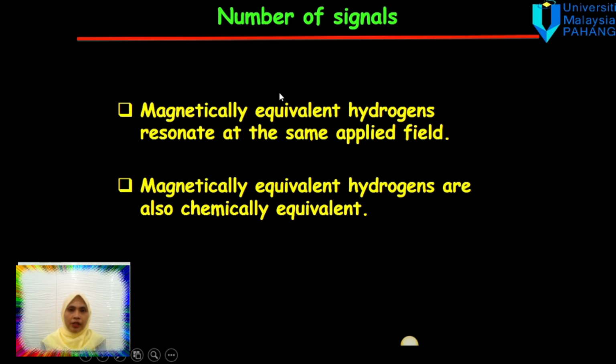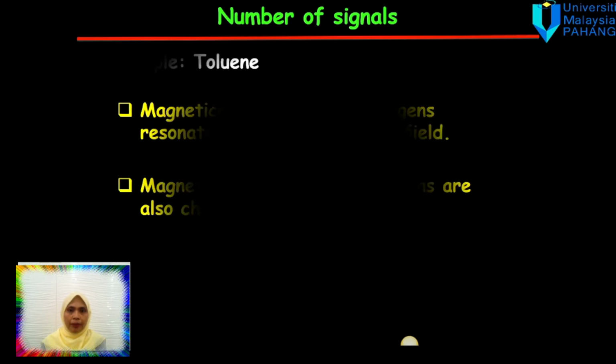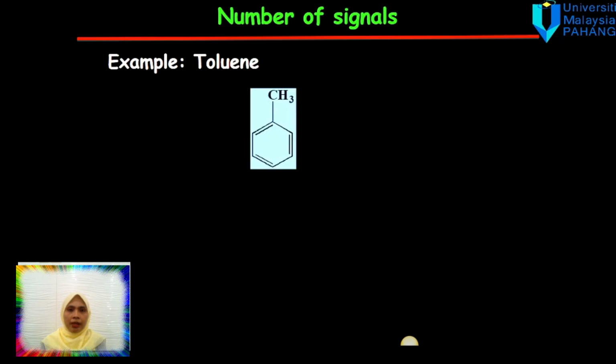We go to the next point, which is the number of signals. The number of signals can be determined based on the environment of the proton, whether they are magnetically equivalent or not. See the example of toluene. In this case, how can we know whether the environment of the protons is the same or not?